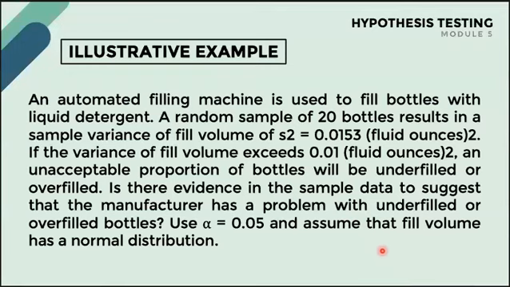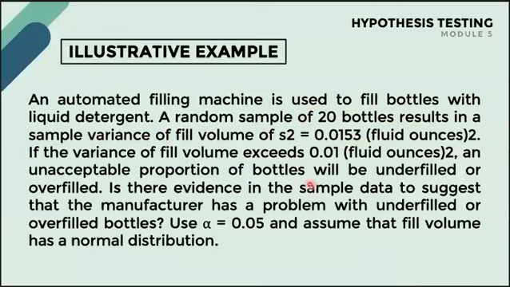So the problem here is that there is an automated filling machine and it is filling liquid detergents. And then from there, the researcher sampled 20 bottles, and from the 20 bottles, the sample variance is 0.0153.